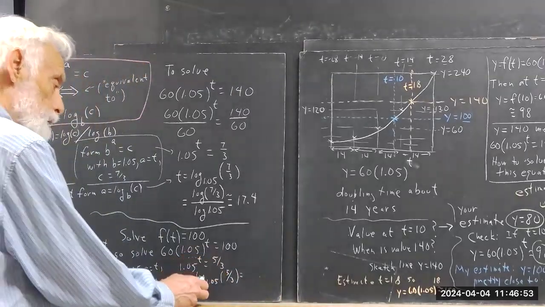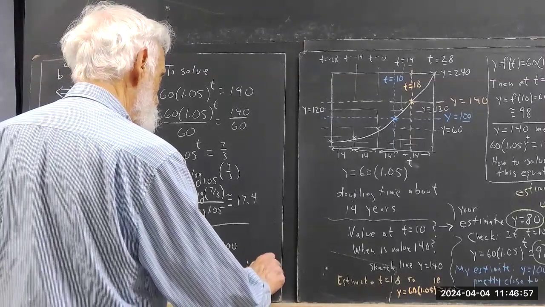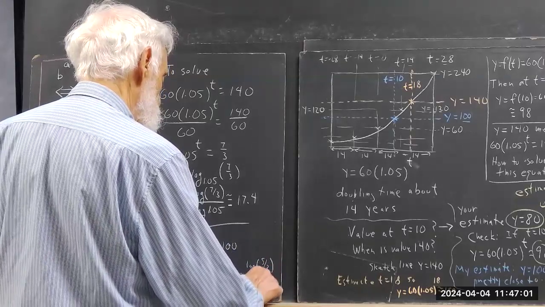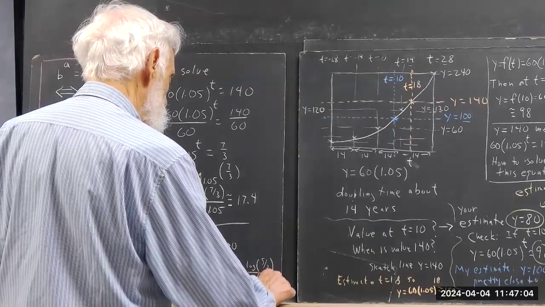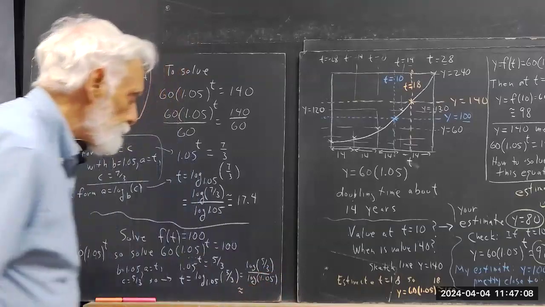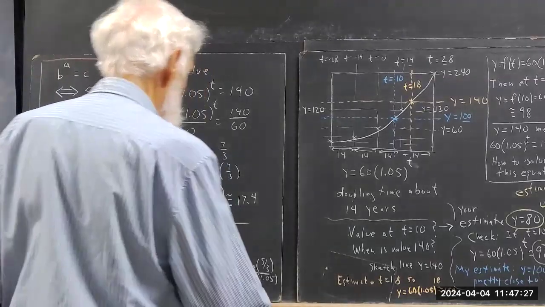Log of 5/3 divided by log of 1.05. Okay, so what do we get from that? Okay, and we do that.